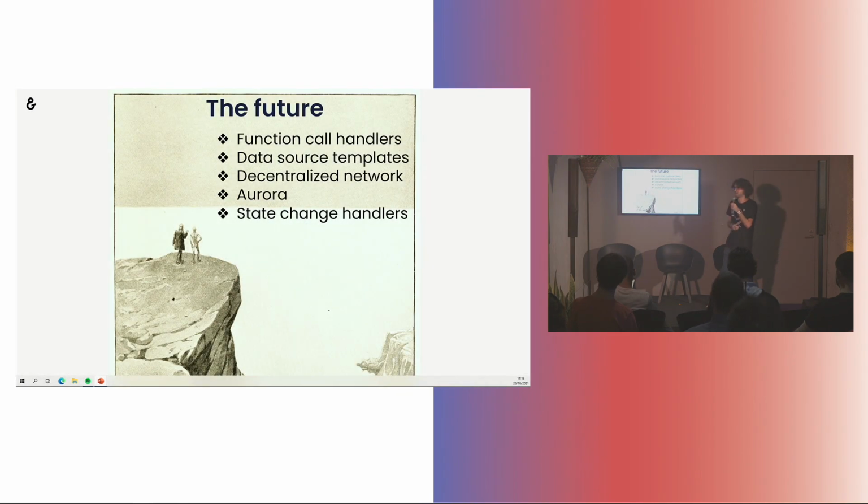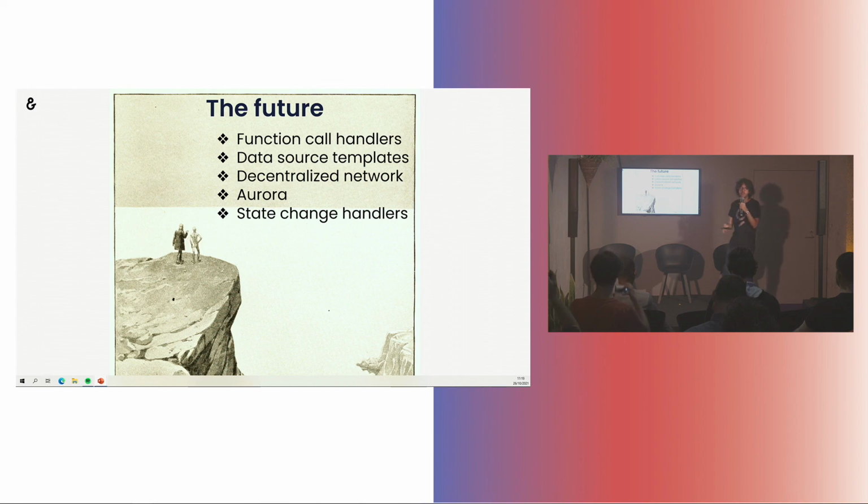Also, a new type of handler you could think of is state change handlers, which means you track a specific state variable in a contract, and whenever that changes, you have a trigger. That could be the most granular possible level of trigger.